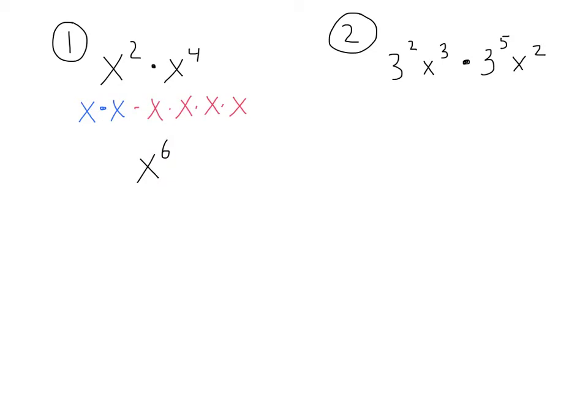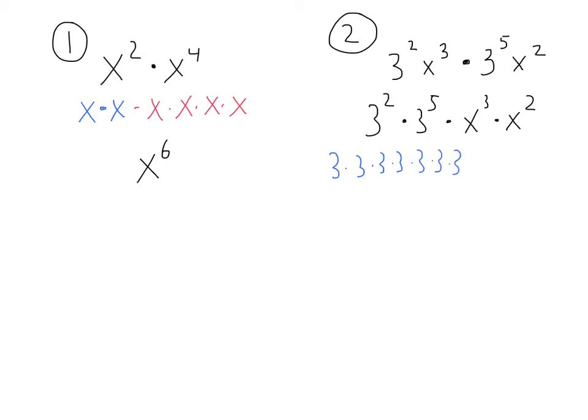This one, number 2, I have 3 squared x cubed times 3 to the 5th x squared. On this one, I'm going to reorganize a little bit. Remember, we can change the order of our multiplication. So this is the same thing as 3 squared times 3 to the 5th times x cubed times x squared. 3 to the 2nd means 3 times 3. 3 to the 5th means 3 times 3 times 3 times 3 times 3.